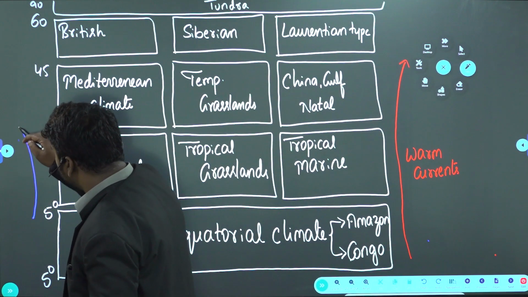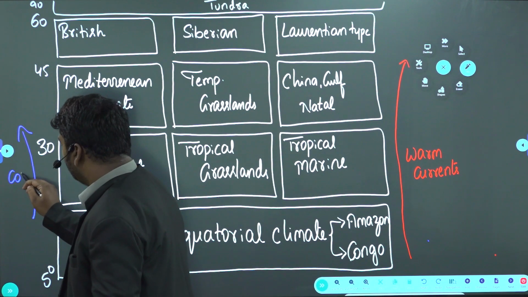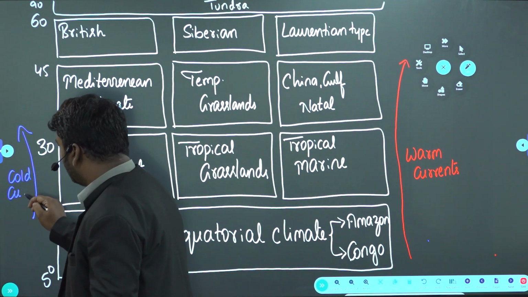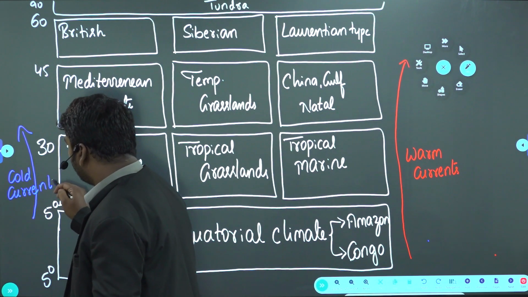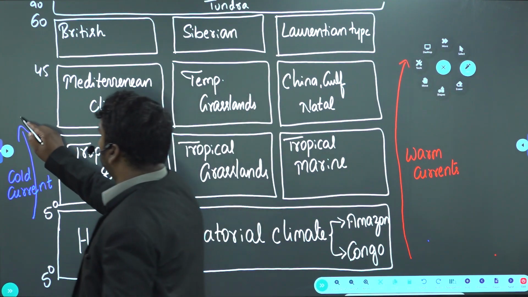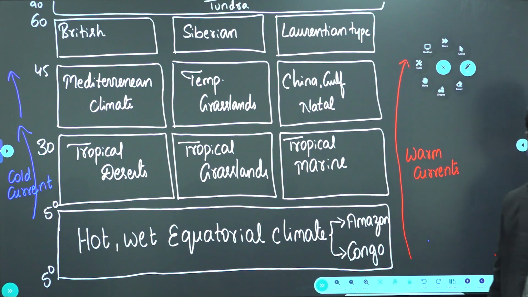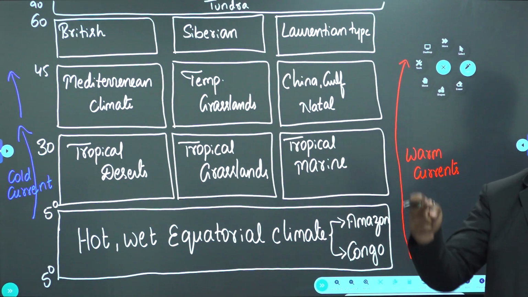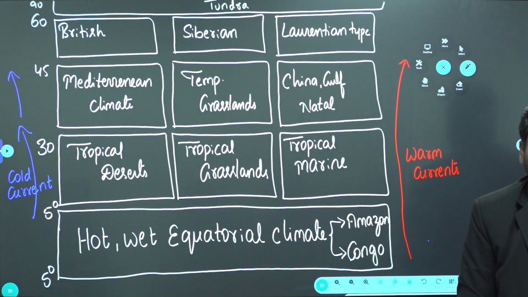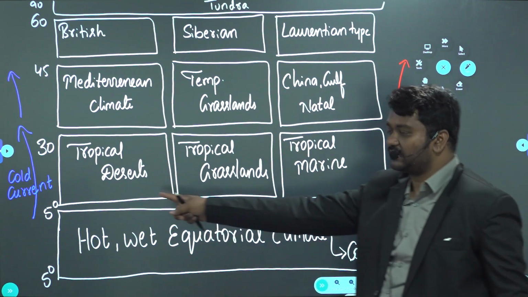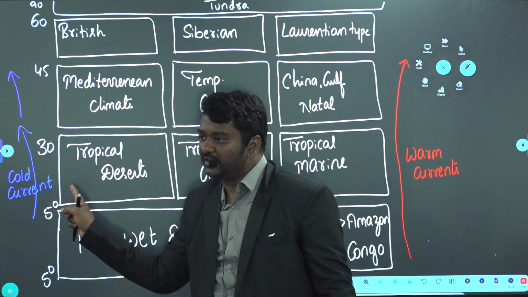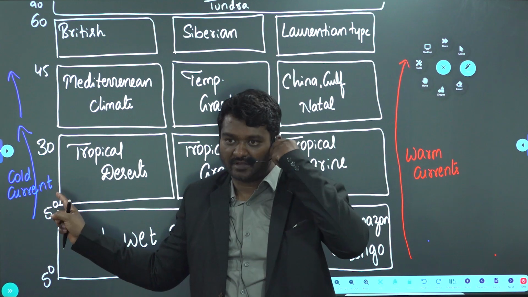In this region especially, which current will be there? Cold current. Almost till here. So if they ask you, where do you normally see fog formation? In the oceans, right? Closer to deserts, fog formation will be there.